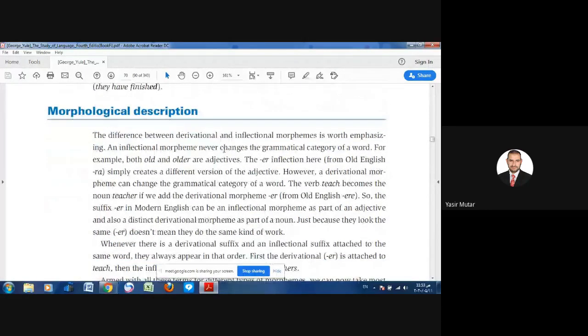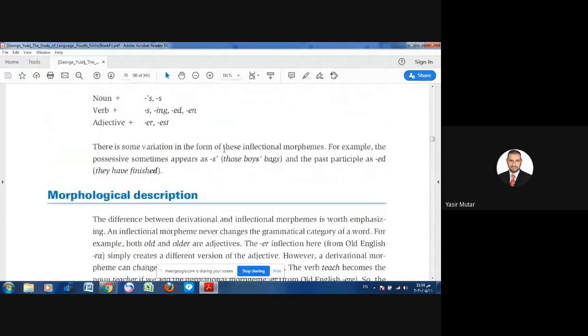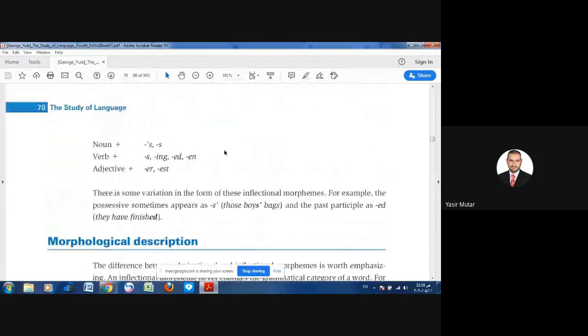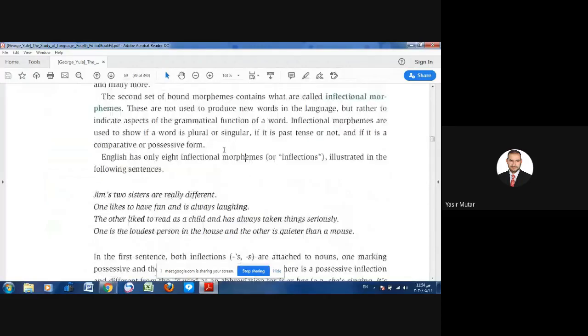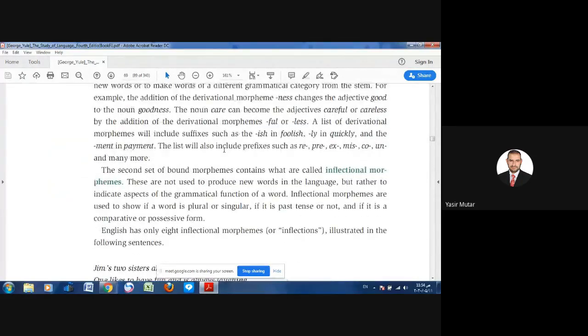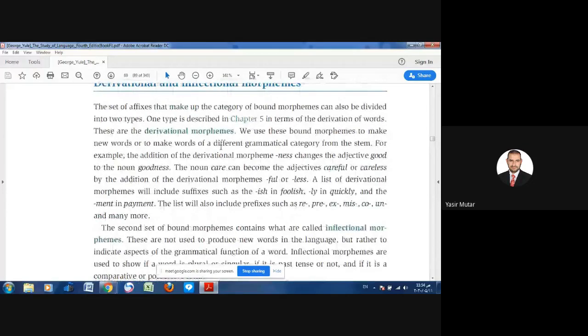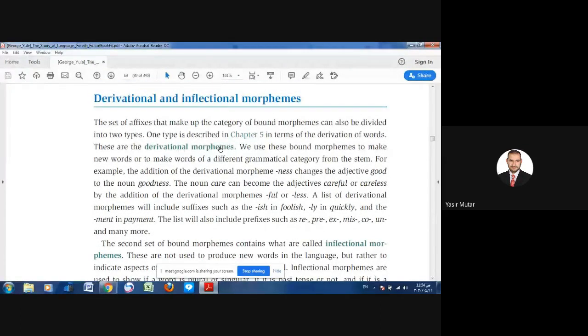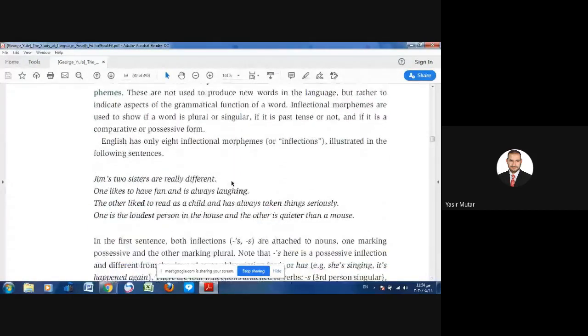We use these descriptions, for example, the free morphemes with the two types, lexical and functional, and the bound morphemes, derivational and inflectional, to describe sentences.